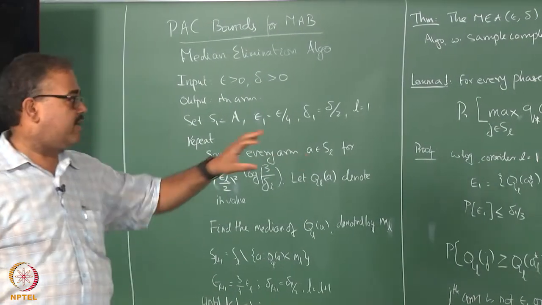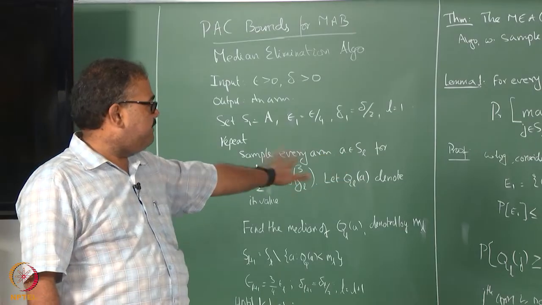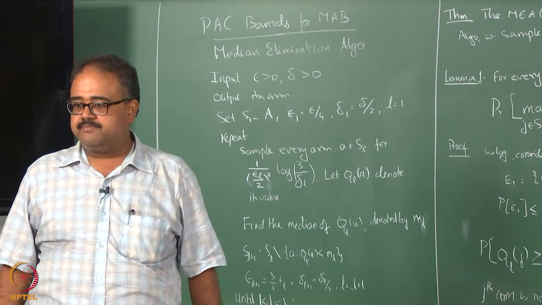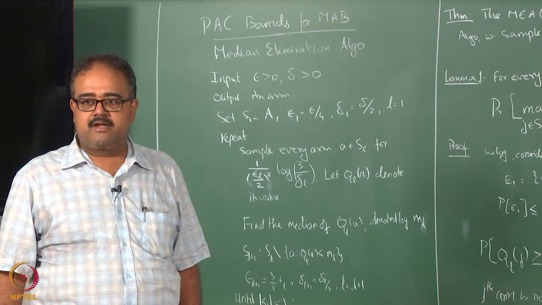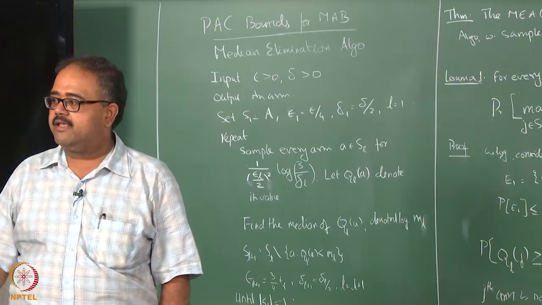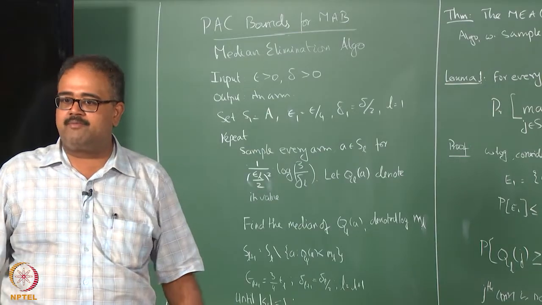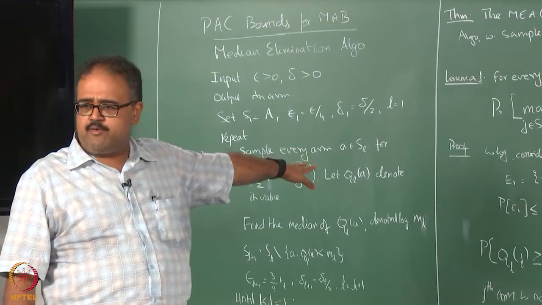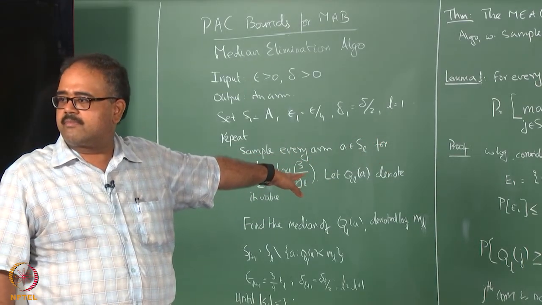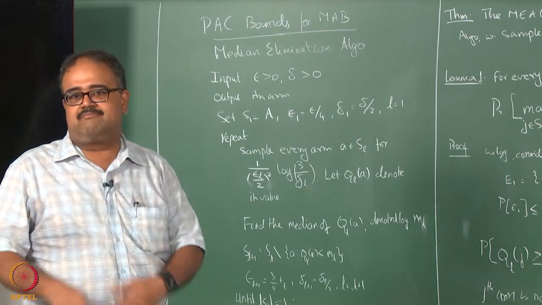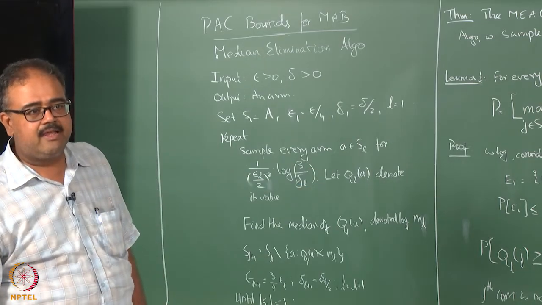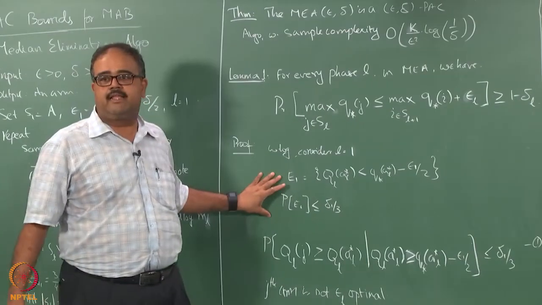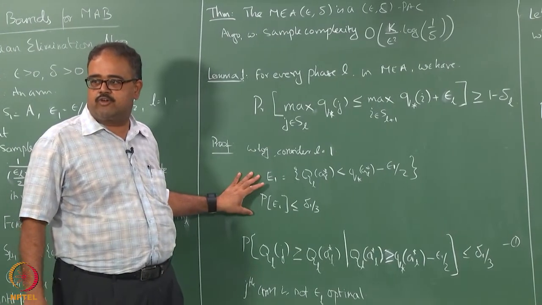So what we have shown is that if E1 does not hold, if I am good in my estimate for the best arm, the probability that so many bad arms will beat me is bounded by 2 delta 1 by 3, right. But I am also considering E1 as a bad event, because my estimate for the best arm is really bad. So all bets are off in some sense, because I can't really identify my best arm, as it is so bad.